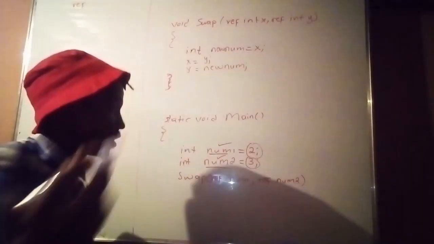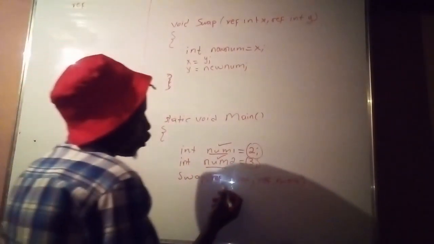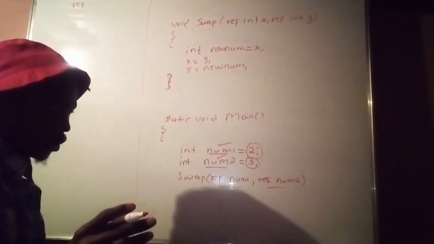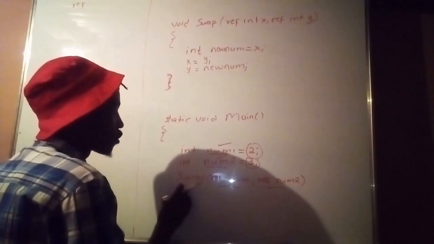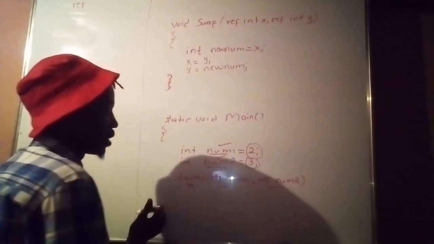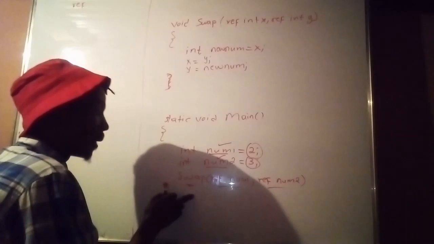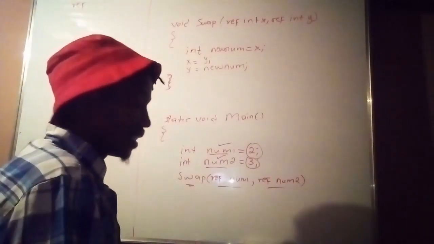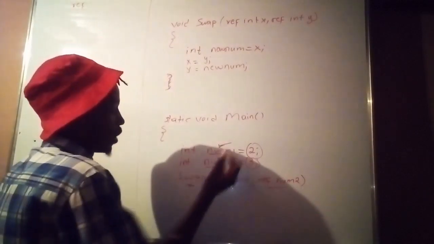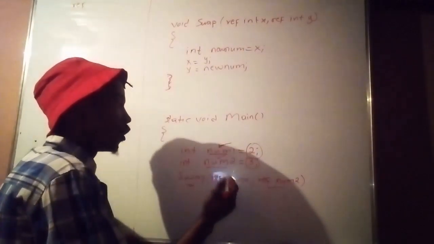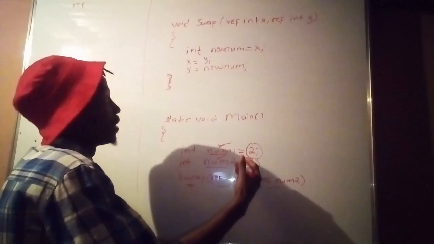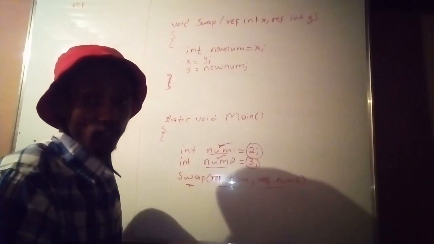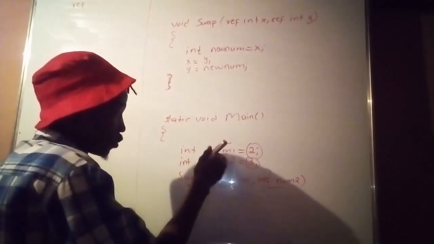So here is the thing. When you pass your arguments by reference to a method, the caller, which is where the method that is expecting the argument is called, has an option of assigning the values by itself, like here we have assigned these values, or it can leave it to the method that is being called to assign values into these variables.